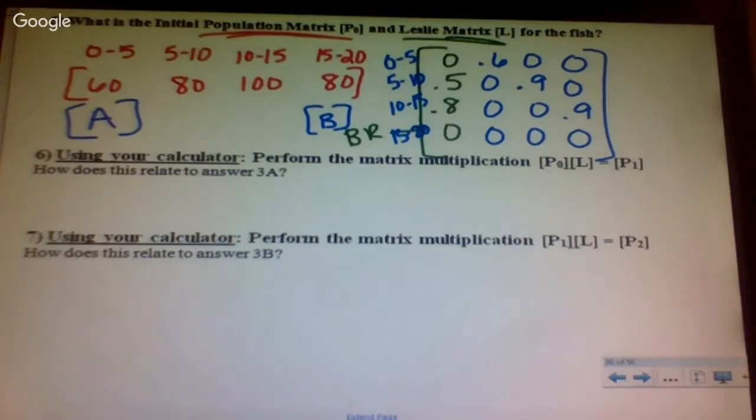So this is 0 to 5, 5 to 10, 10 to 15. Go like this. That looks good.